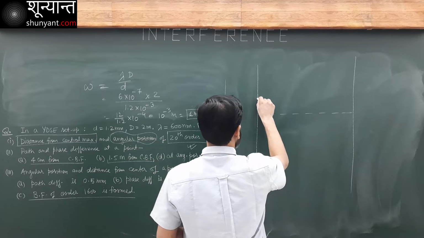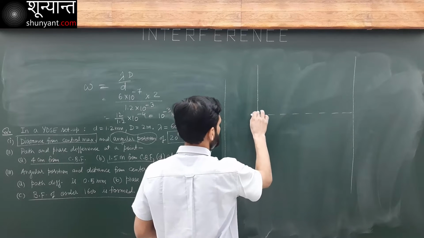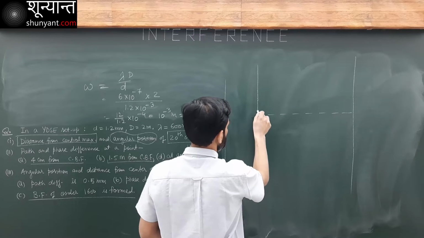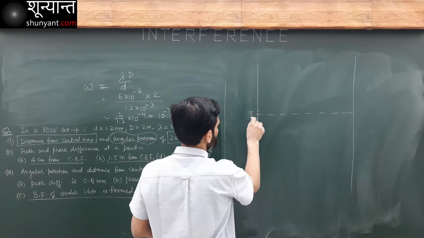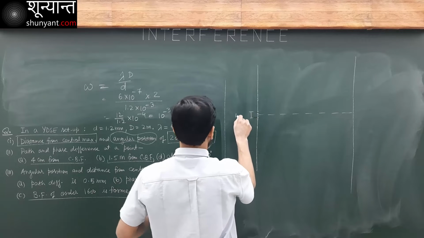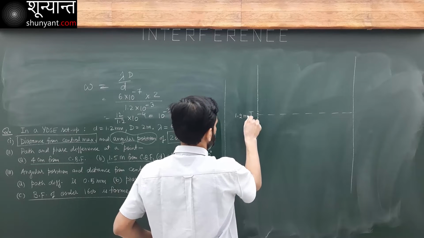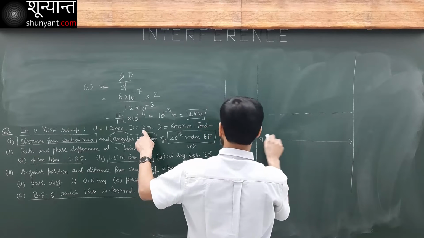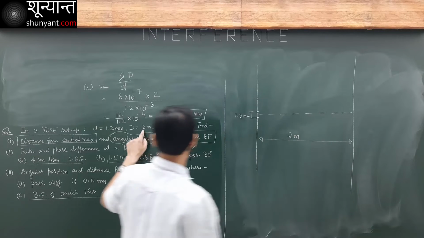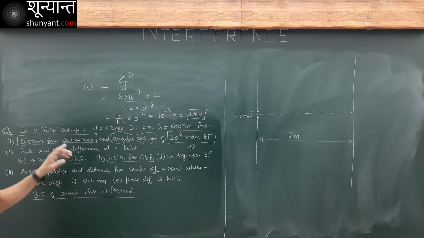So this is one slit here, the other slit here. These are 2 slits. Okay, very small distance. It is 1.2 millimeter. This whole distance is large. It is 2 meter here.